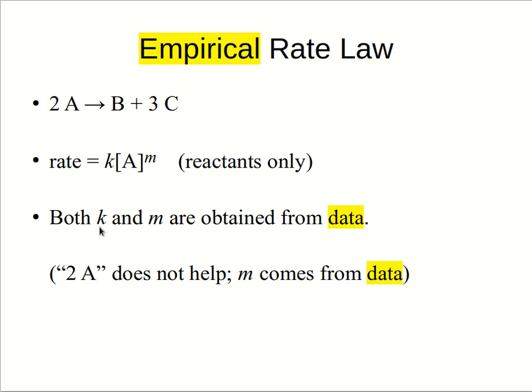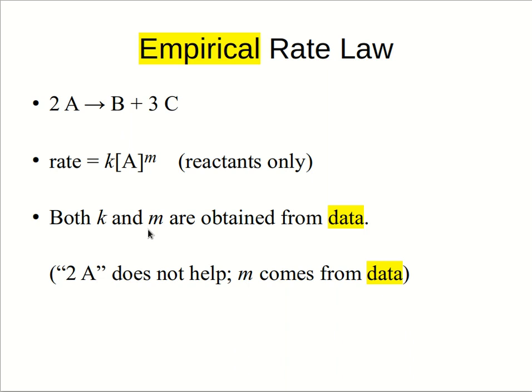Then the k and m in an empirical rate law are obtained from experimental data. So you need measurements obtained in the lab, and then k and m are obtained from data. You can't just look at this equation and guess at k and m. That just doesn't work.